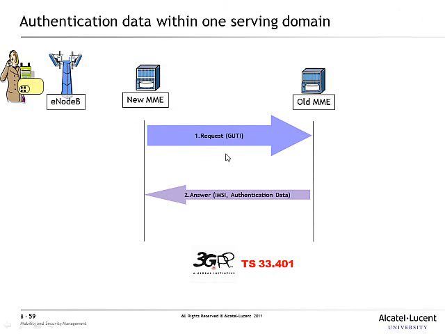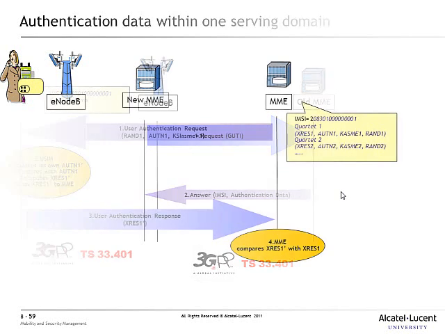It will use the GUTI, which we talked about in some of the earlier classes, and from the GUTI it will get the IMSI and whatever authentication data is held by the old MME. Because if the old MME has already got authentication data about the user, there's no need to go back to the HLR database to get new authentication vectors.